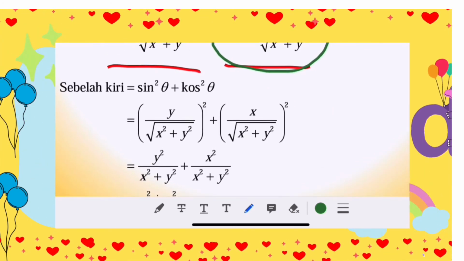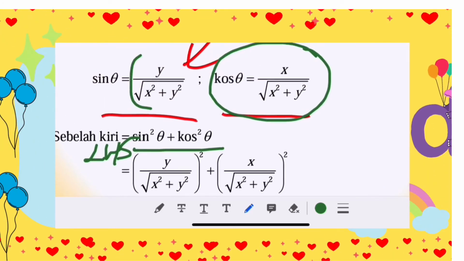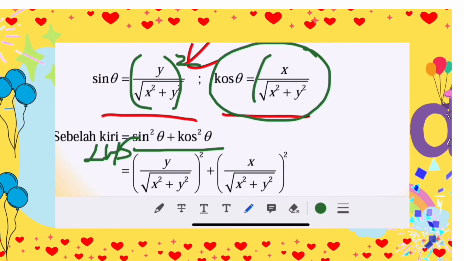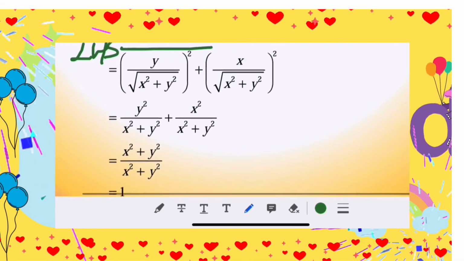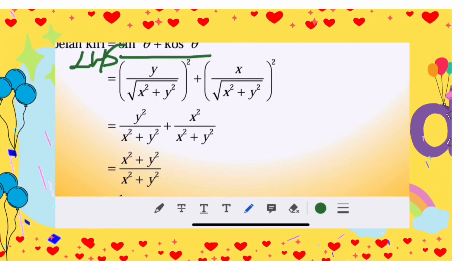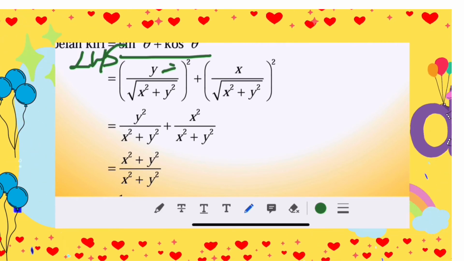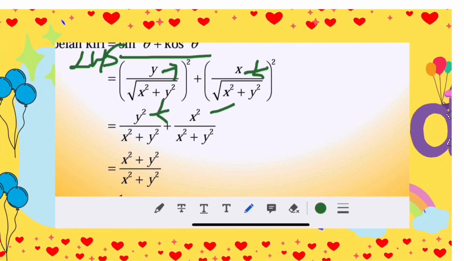So for the left hand side, sine square theta plus cos square theta, we will take this one square and this one square, and we will simplify the two terms, and we will cancel out the square root because we square the y, we get y squared. We square the x, we will get x squared.